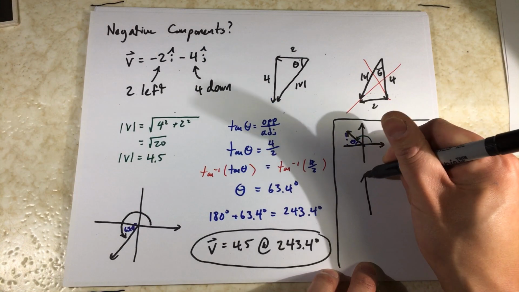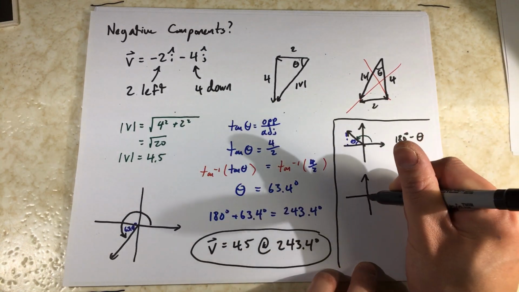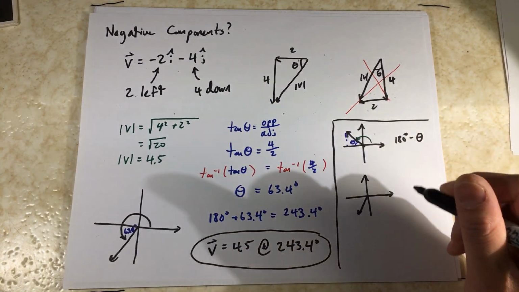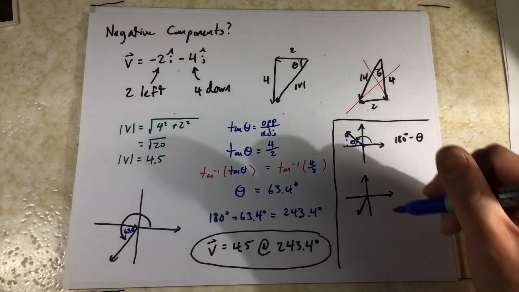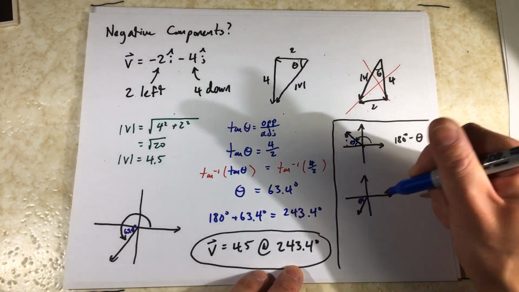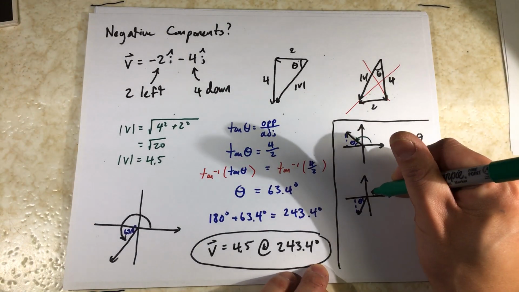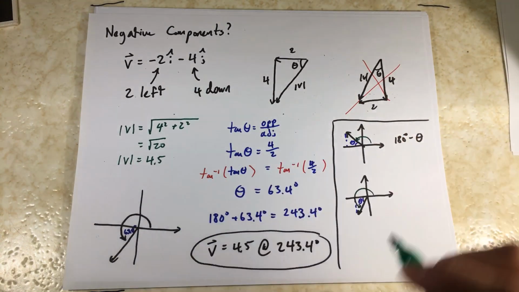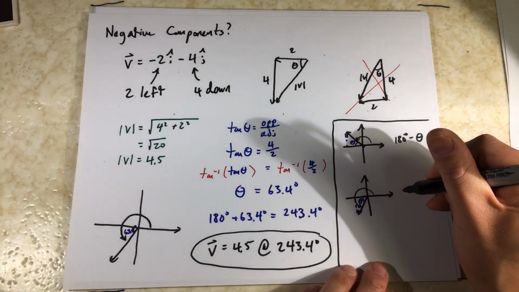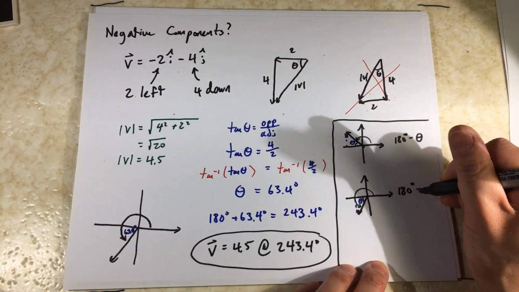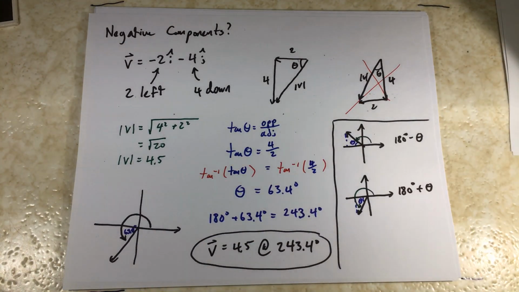In the third quadrant, you do kind of what we just did. Again, this would be your theta, and you'd probably have a triangle that looks like this. But the actual angle you want is one that goes all the way like that. So in this case, you would add theta to 180.